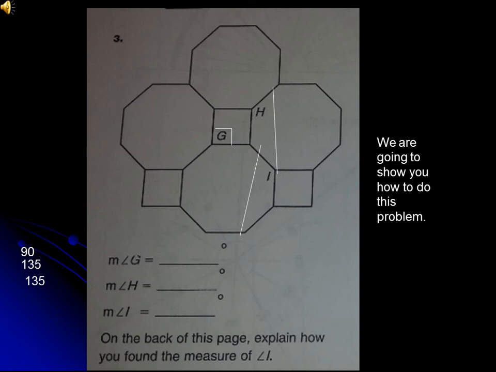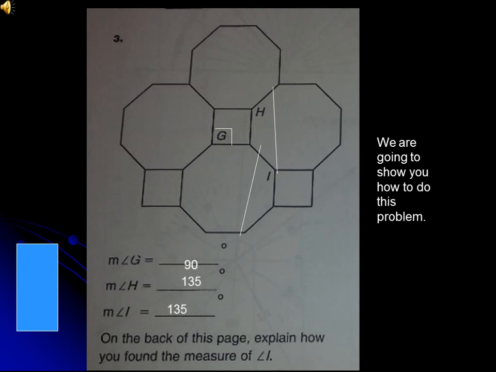Okay, I think this is mine. What are you trying to find? We are trying to find the measure of angle G. You already know what that is. 90 degrees, of course. And then that's 135 and 135. Why are those 135? It'll show a circle of how it works.